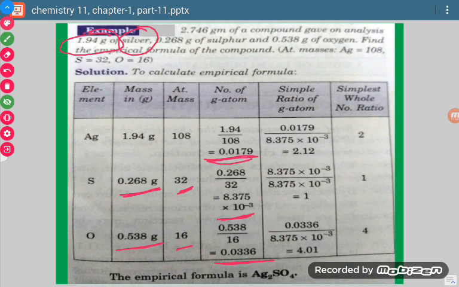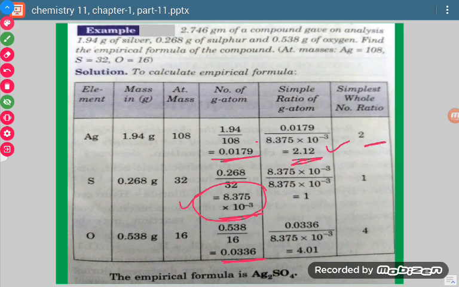Now we have to see which one is the smallest. One value we got is this, another value we got is 8.375 into 10 raised to power minus 3, another value we got is this. So the smallest value is this. With this value we will divide all these three. So in the first case we will get 2.12, here 1, here 4.01.